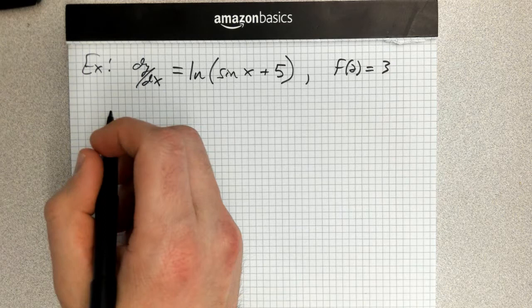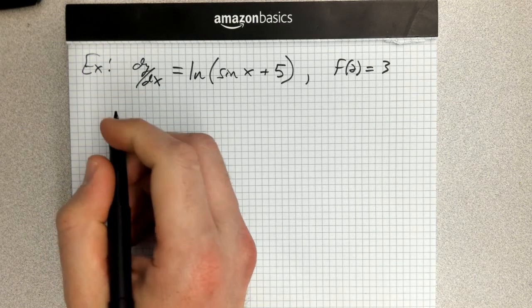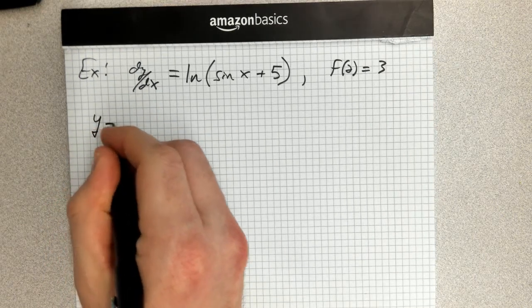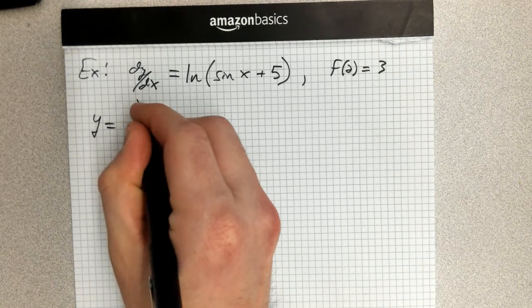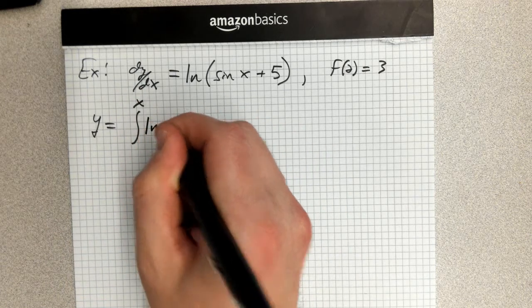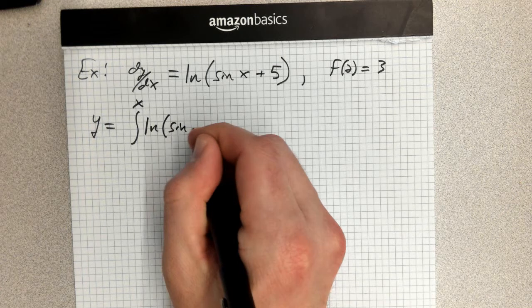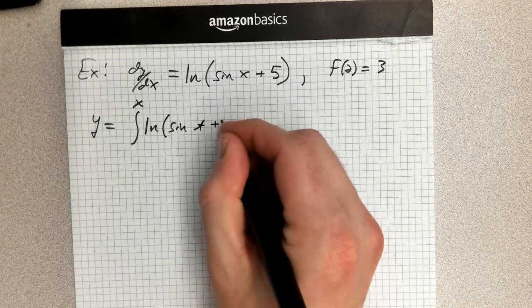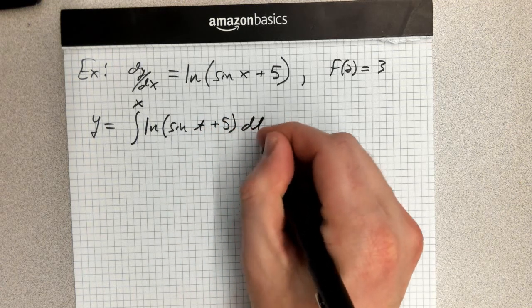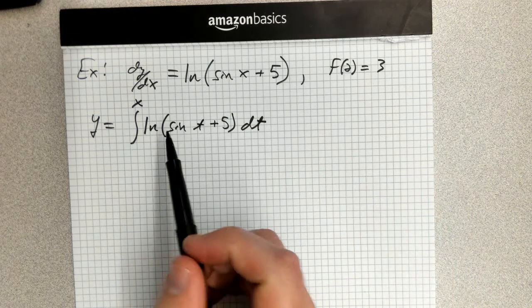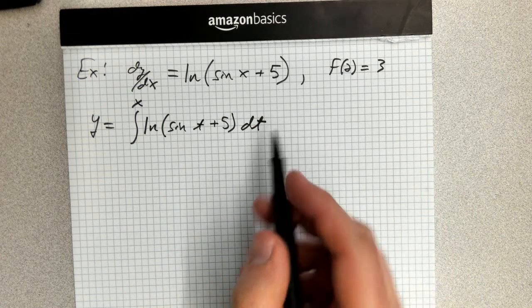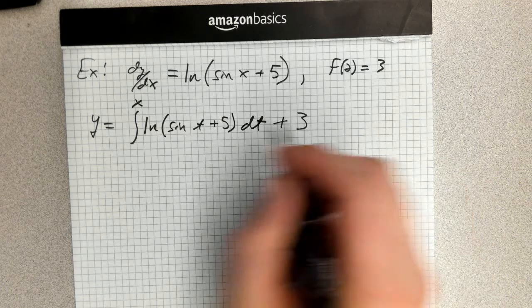Again, you should pause and see if you can come up with it. It's going to look like this. y equals the integral, upper bound will be x, inside is natural log of sine of t plus 5 dt. And then we just need to set the lower bound and the plus c. The plus c is going to be 3, and the lower bound will be 2.